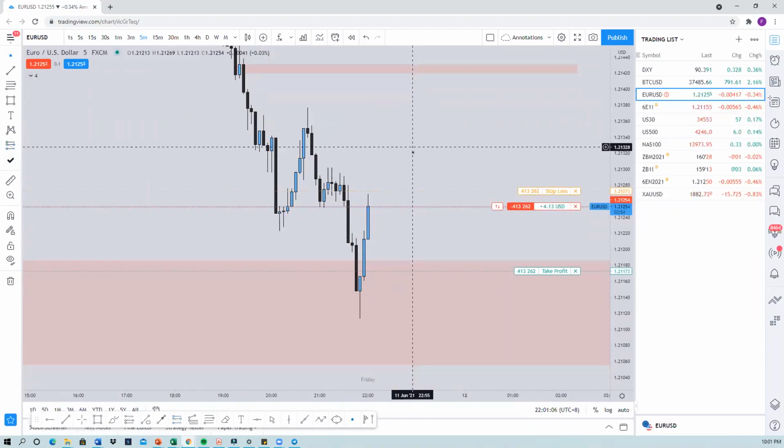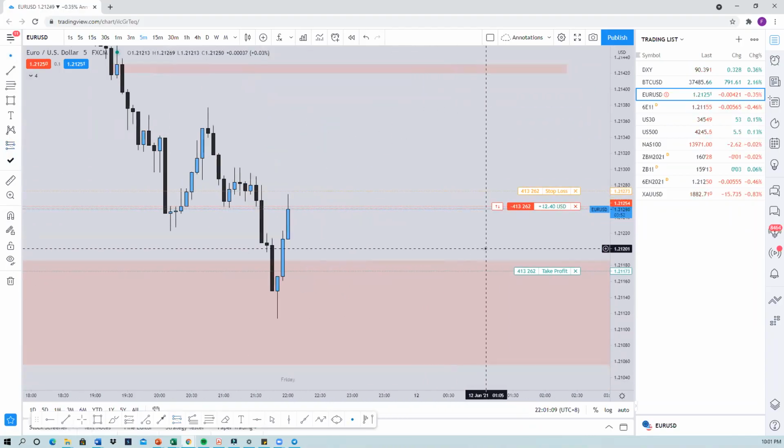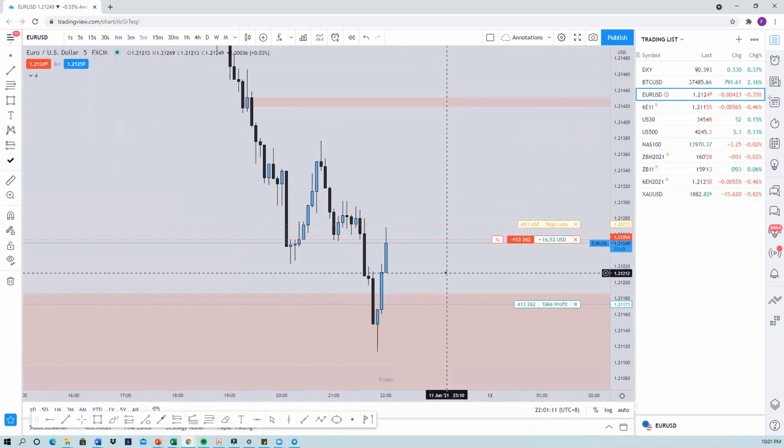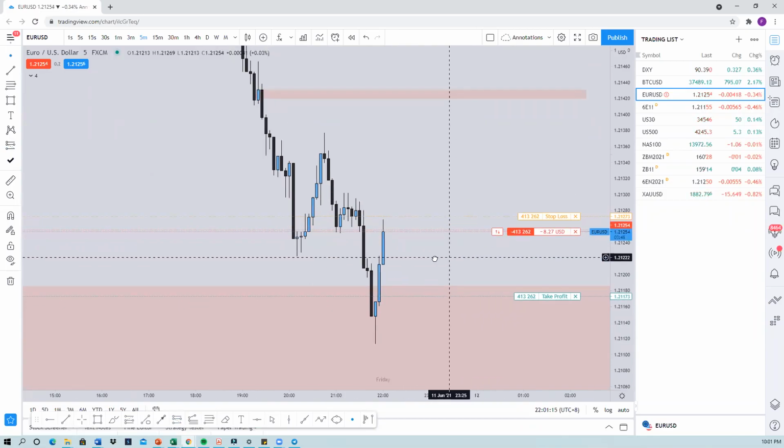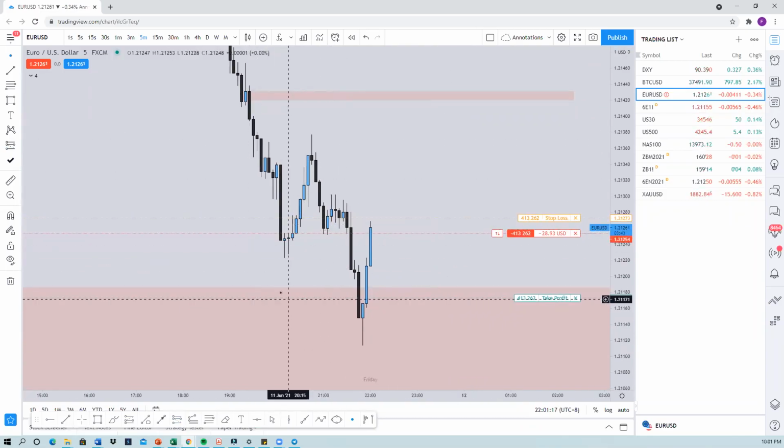So I kept it a bit simple. I believe the last time I had to show different things. So I kept it simple today. So it's your job to look at it on the charts, look at the formation of the breakers, institutional swing points, and all of that, right?